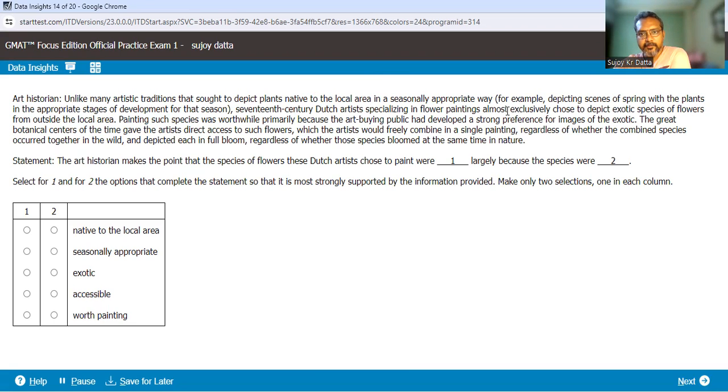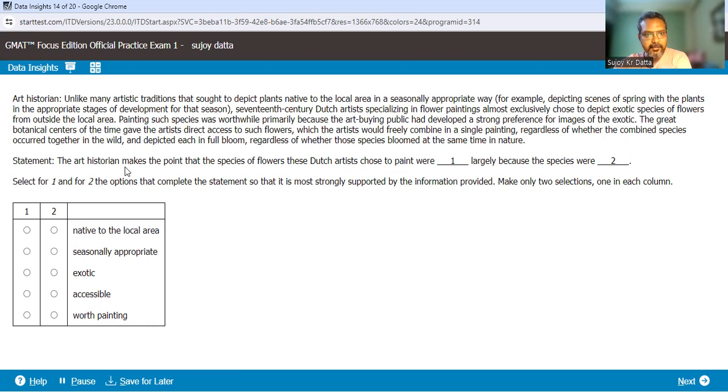The 17th-century Dutch artists specializing in flower paintings chose to depict exotic species of flowers from outside the local area. Painting such species was worthwhile primarily with the art-buying public that had a strong preference for the exotic. The great botanic centers of the time gave the artist direct access to such flowers, and the artist would freely combine in a single painting species that regardless bloom at the same time.